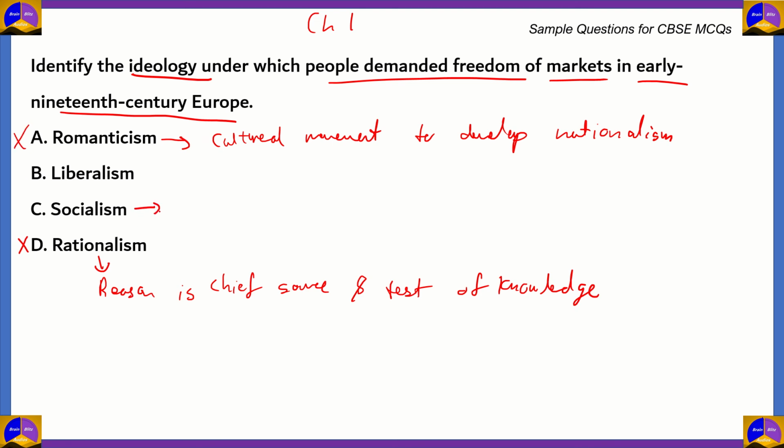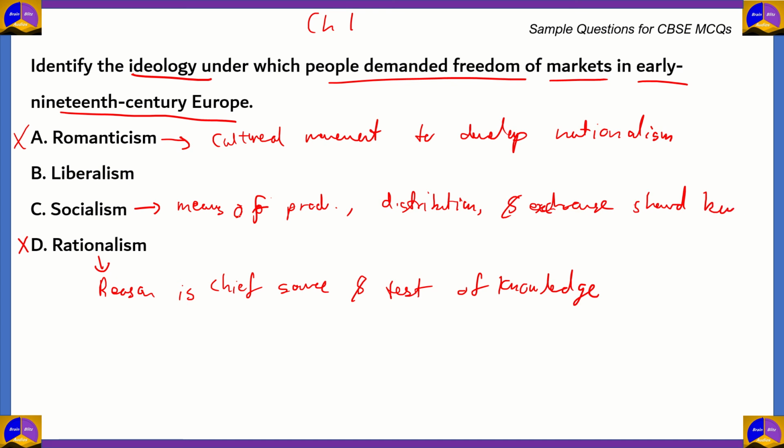What about option C, socialism? Well, in socialism, the idea is that the means of production, distribution, and exchange should be owned and regulated by the whole community.